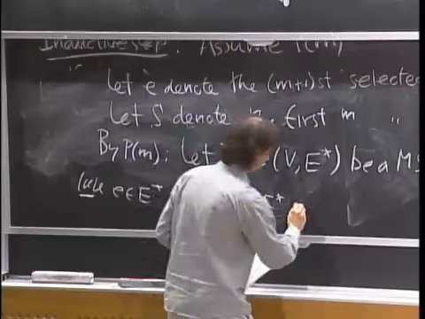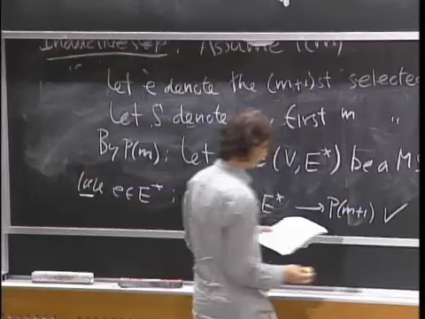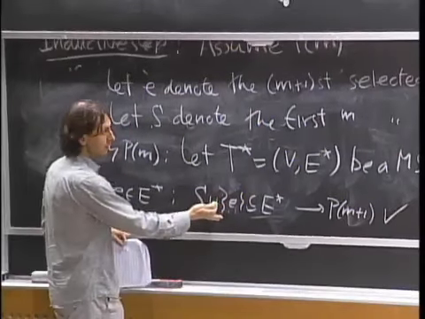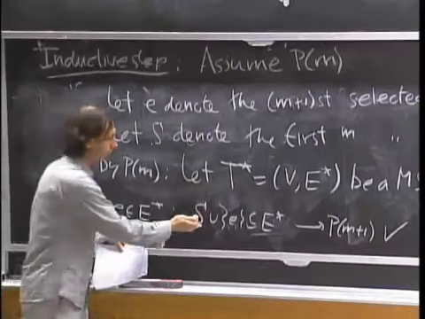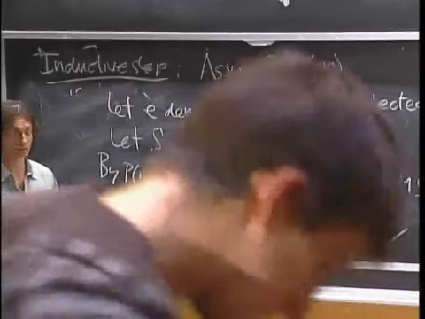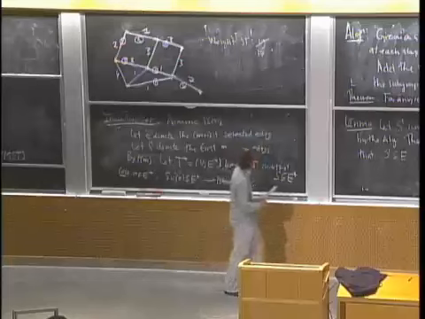And that means that we are done in this particular case. Why is this? Because this is an example of a minimum spanning tree that contains both S and E, so it contains the m+1 first selected edges, and so this is P m+1. Now the next case is the difficult part.